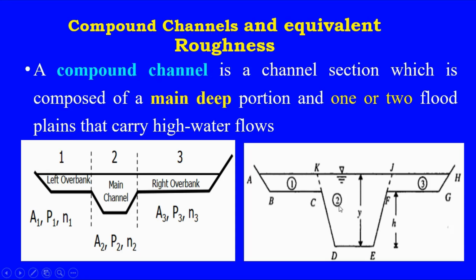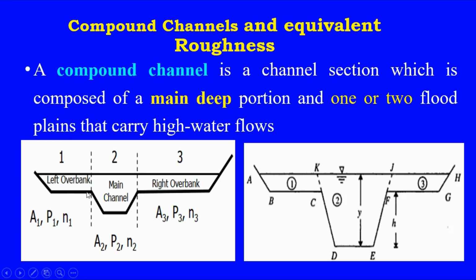The main channel will have interaction with the flow in the flood plains, leading to severe momentum exchange at the interface of the two, the flood plain and the main channel. Further, there will be complicated interaction at the boundaries at the junction, which gives rise to several sets of vortices leading to turbulence generation. The velocity of the flow in the flood plain, on the left and right bank of this compound section, is lower than in the main channel due to the relatively small water depths, since it is shallow and wide.